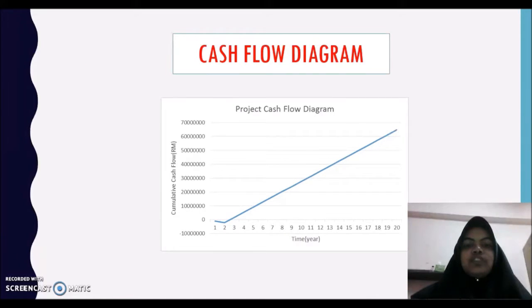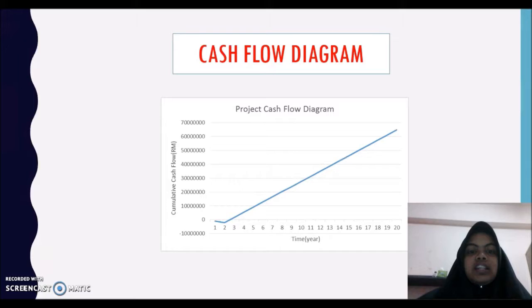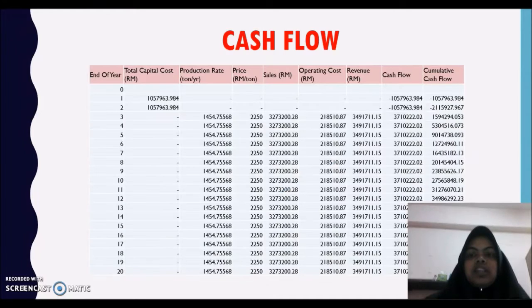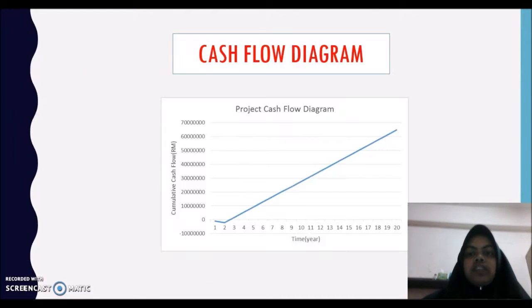In our cash flow diagram, from the first year to the second year, it slightly dropped. As you can see beside it, it is a negative value, and from the third year until year 20 it is increasing extremely.